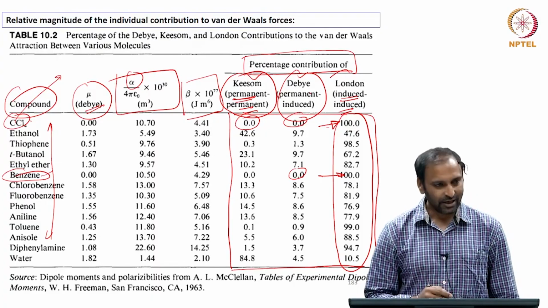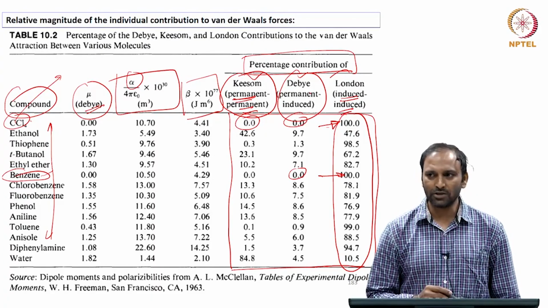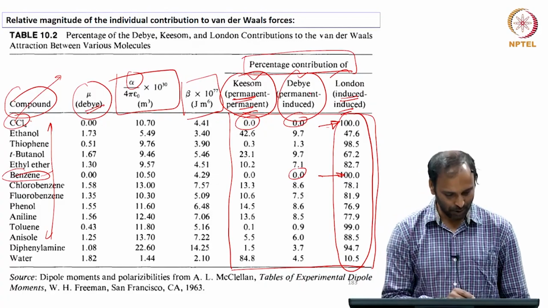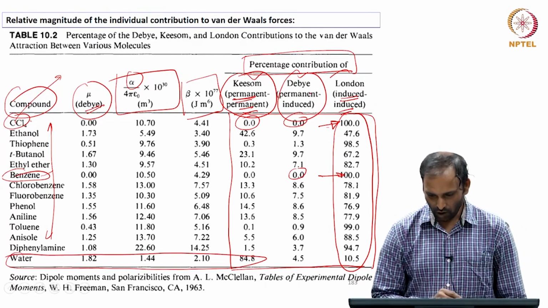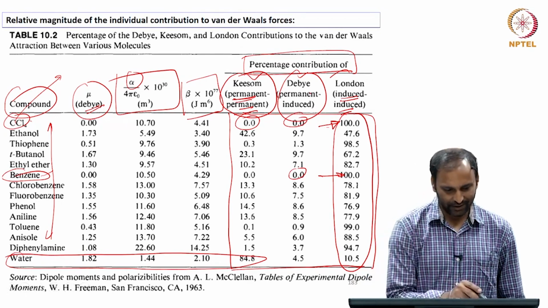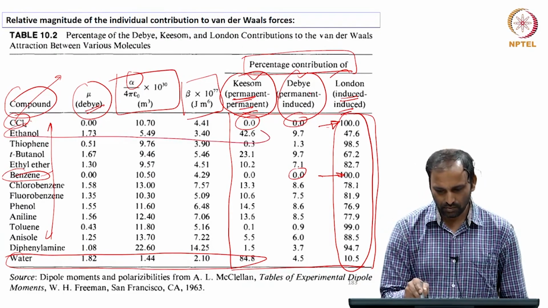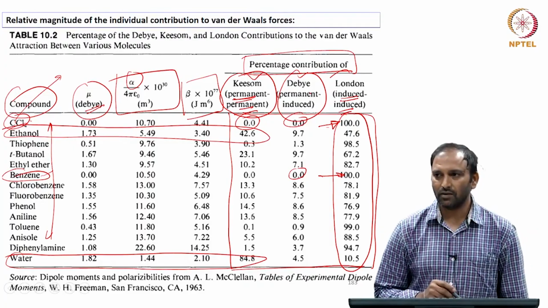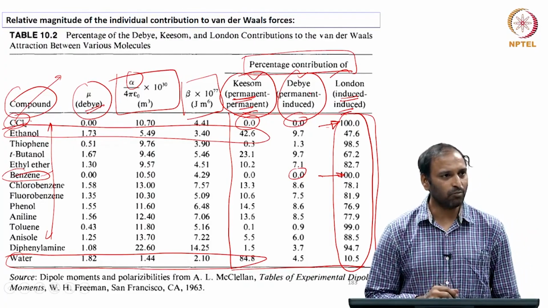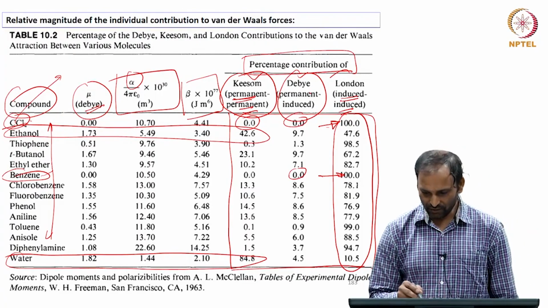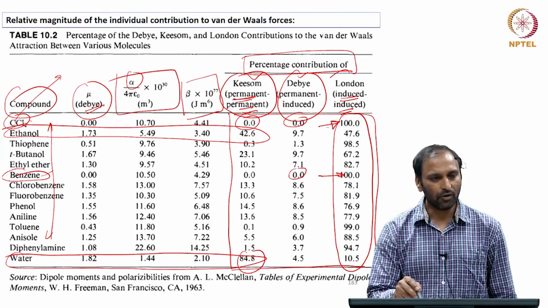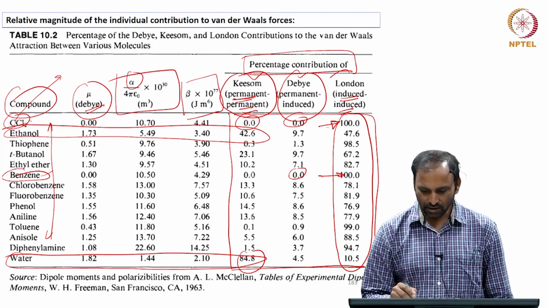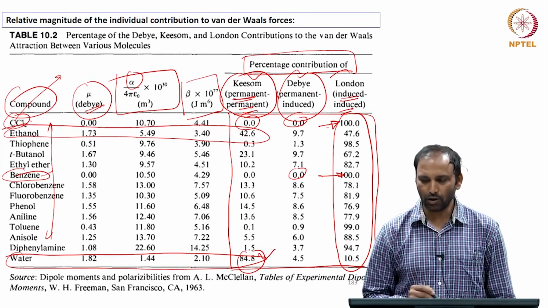However, on the other hand, if you take molecules which have permanent dipoles, for example, water, or even ethanol, they are examples of polar molecules. If you look again at the numbers, it turns out that the contribution of the permanent dipole interactions is highest for such molecules.